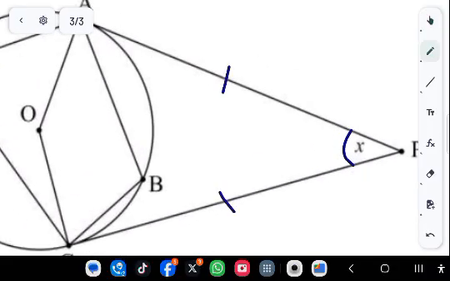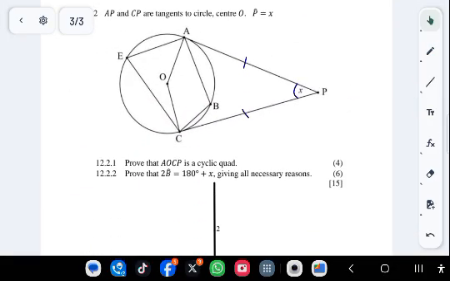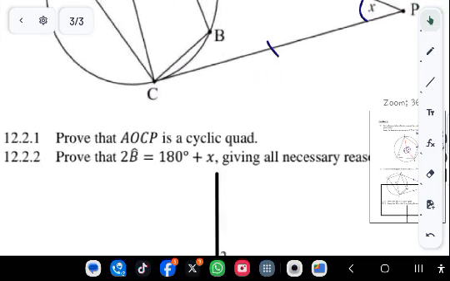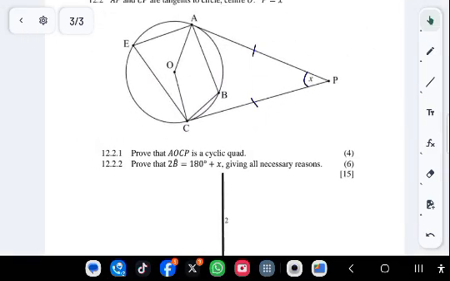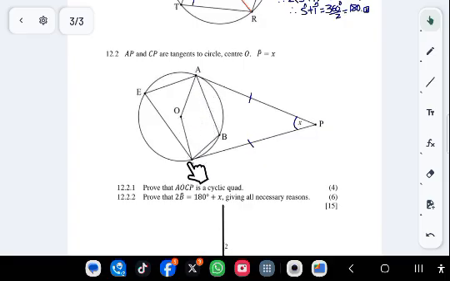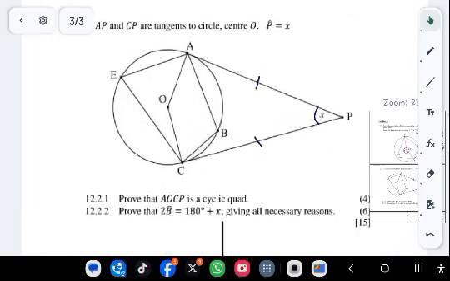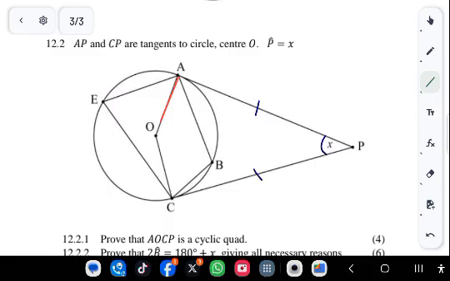I just want you to have that already in, and the reason is very easy. Prove that AOCP is a cyclic quadrilateral. Let me highlight this in purple so you can see for yourself.